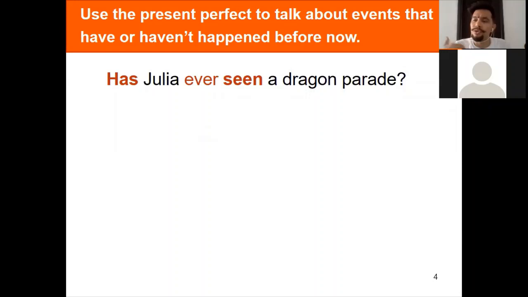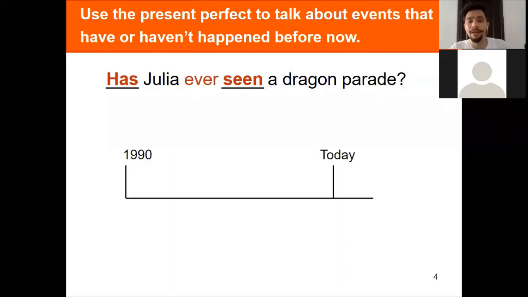Normally we use this question to ask a person whether they have done something or haven't done something. So take a look. Has Julia ever seen a dragon parade? We have two possible answers here: yes, she has, or no, she hasn't. She has never seen one, right?